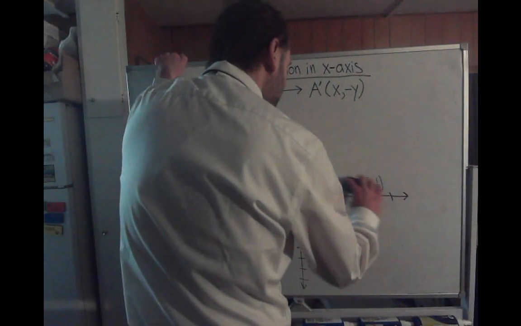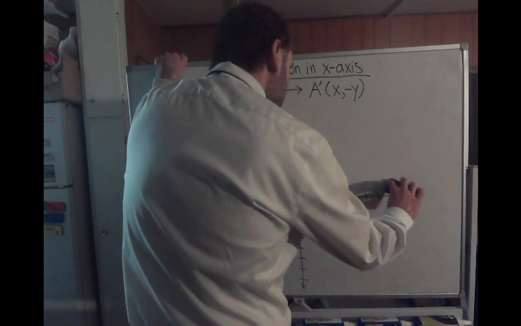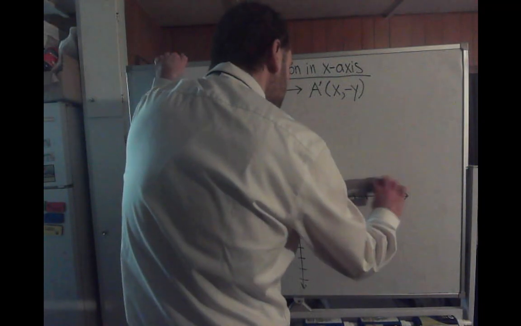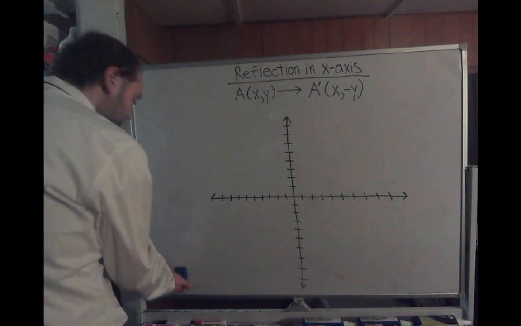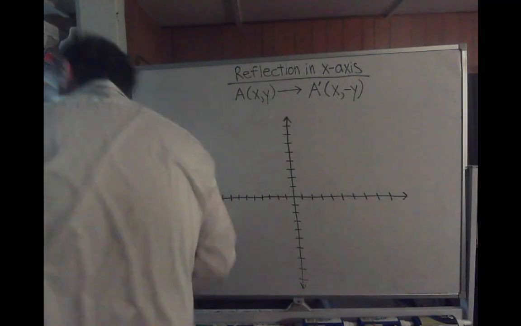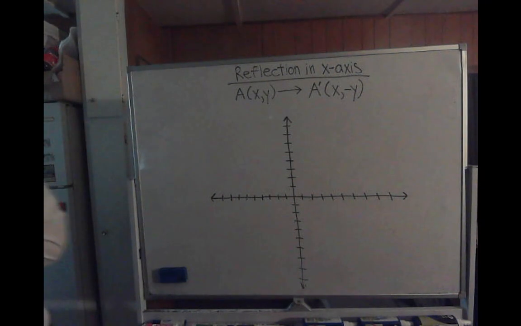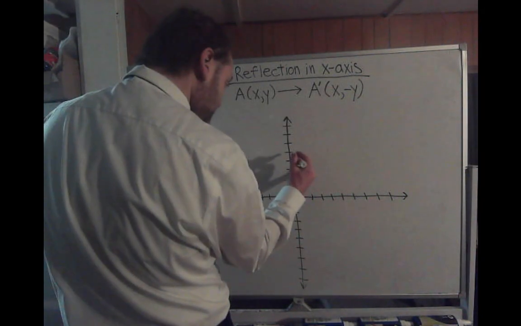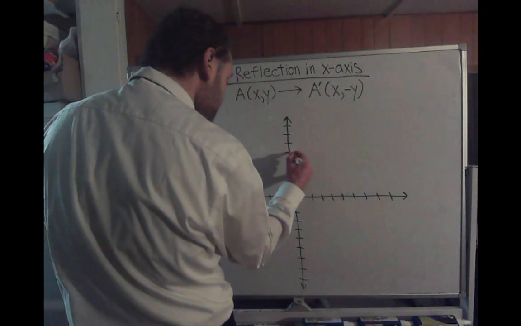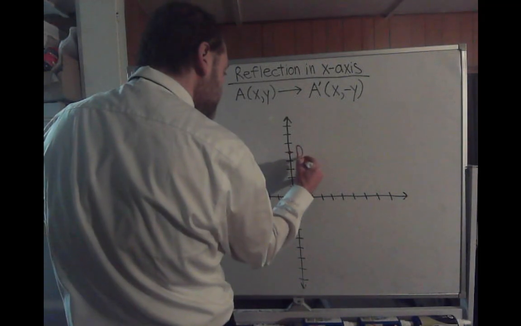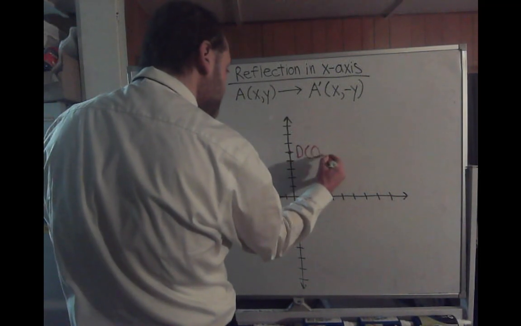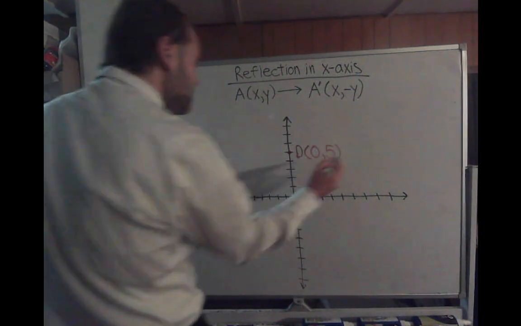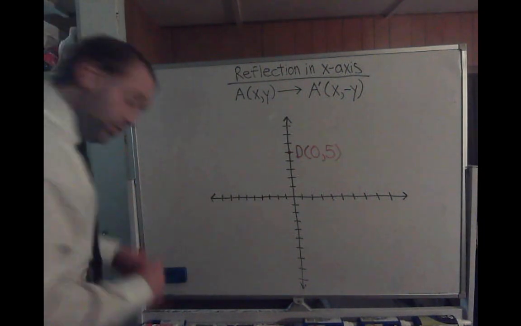Let's do a few more so we can drill down the x-axis here. Then we'll go to reflections in the y-axis. Point D is at the point 0, 5. We want to find D prime.